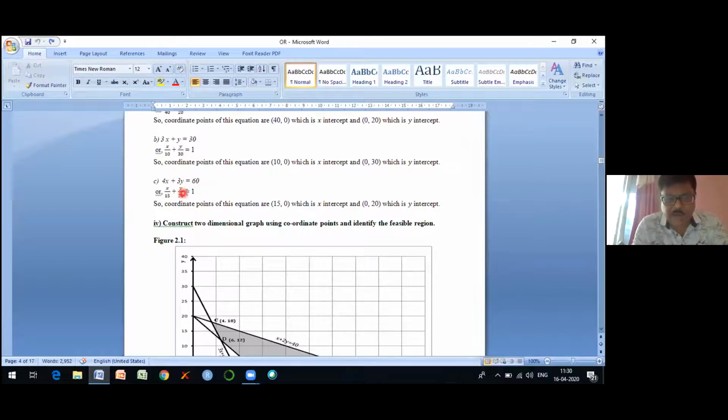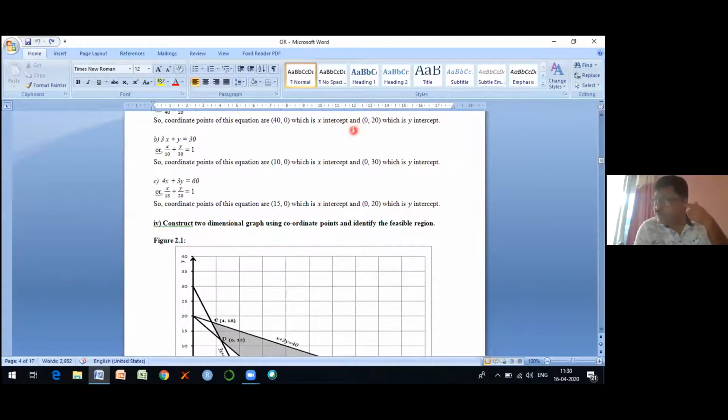And another constraint 4x plus 3y equal to 60. So again we are dividing both sides by 60. So 4x by 60 means x by 15 plus 3y by 60 means y by 20 equal to 1. Therefore, the coordinate points will be 15, 0 and 0, 20. So we have got 6 coordinates.